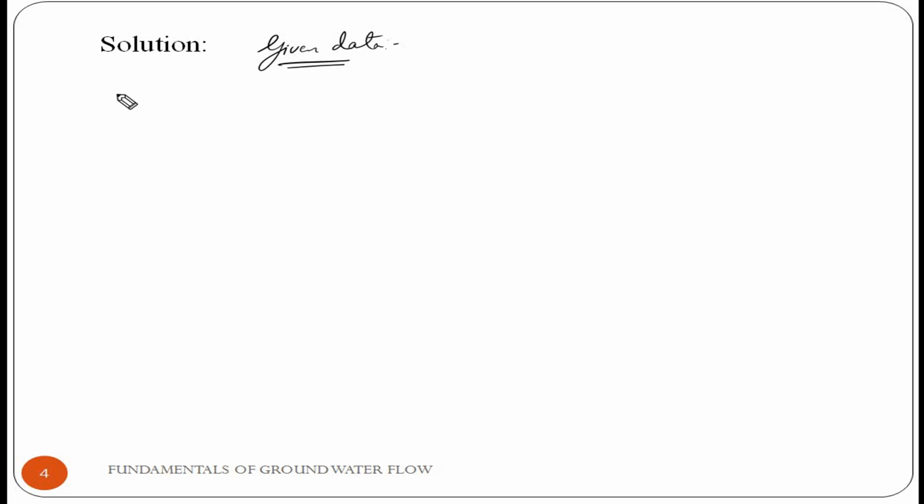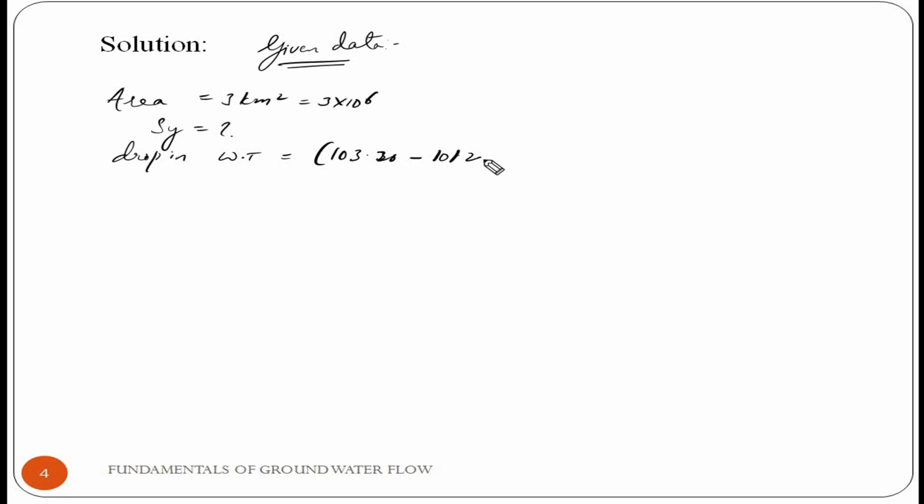So here, given data: area is 3 km square, and Sy, the specific yield, we need to calculate. Then the drop in water table is from 103.20 minus 101.20, and the volume pumped out.